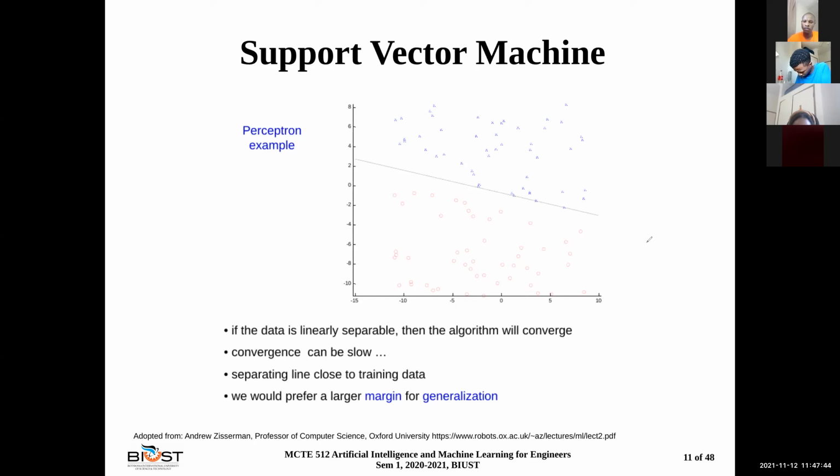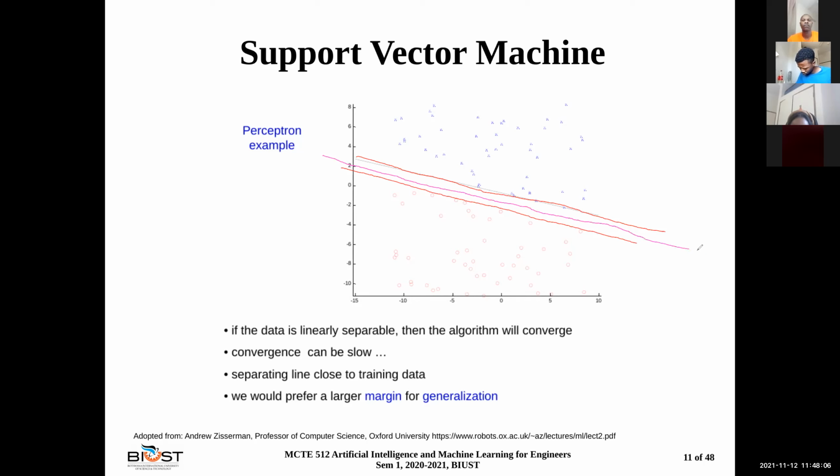Okay, but we would rather prefer to have a larger margin for generalization. What's the margin? The margin we're talking about is this margin of separation. How do we deal with this so that there's a large separation margin, so that the final line of separation will be somewhere in between?